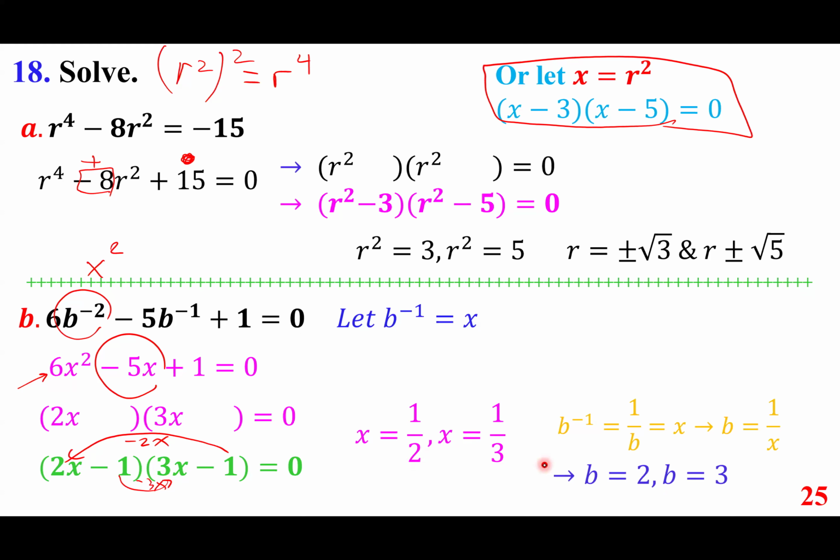Now, the second method would be to multiply both sides by what? Remember, this is 6 over b squared. So multiply both sides by b squared. If I multiply by b squared, I get 6 here, minus 5b plus b squared. The right side doesn't change.